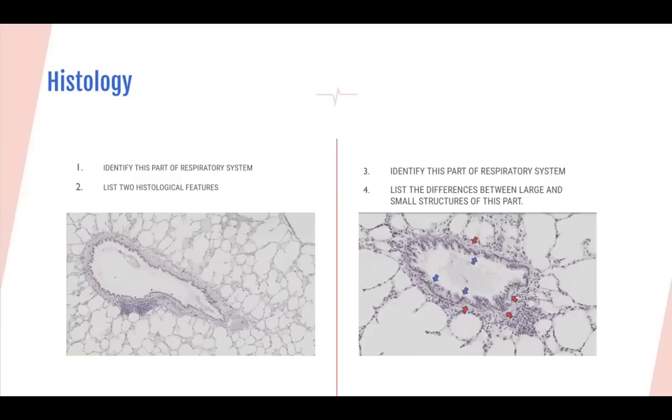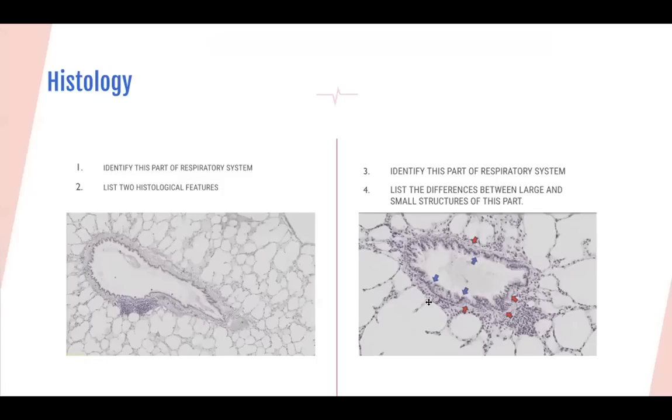Do you think this would be a small or large bronchiole? What do you think? You're right, a large one. I think it would be a large bronchiole. You're correct. Yes. So why?